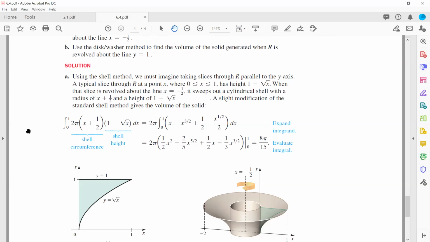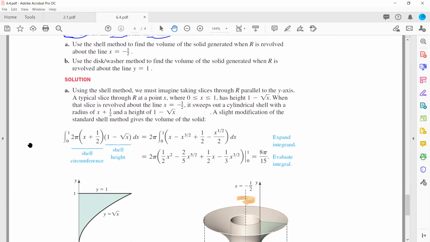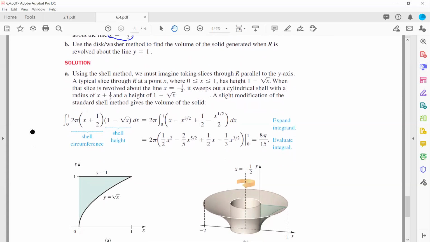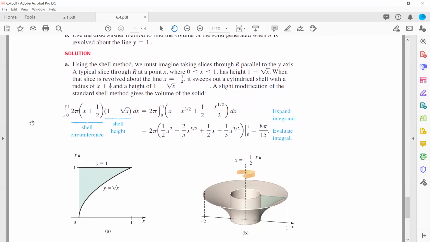So we're revolving this about the line x equals negative a half. X equals negative a half gives a shift to the left-hand side, minus 1 over 2.